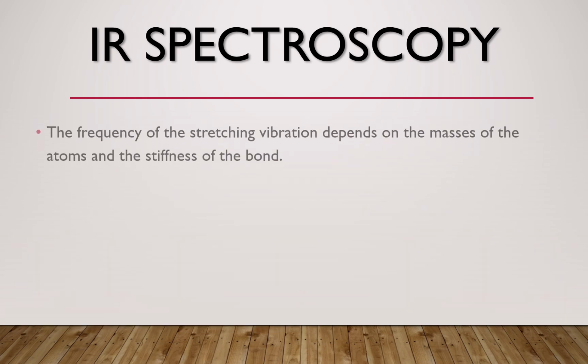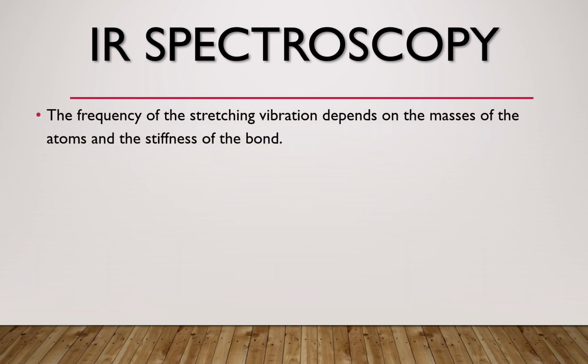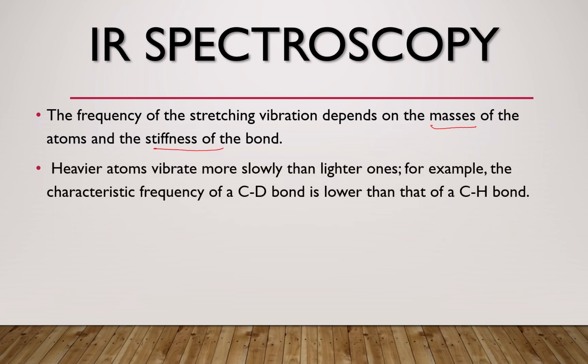According to this law, the stretching vibration depends on the masses and stiffness of the bond. Heavier atoms vibrate more slowly than lighter ones. Obviously, if something is heavy, it moves slowly.